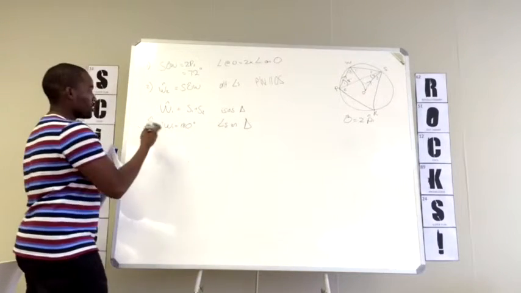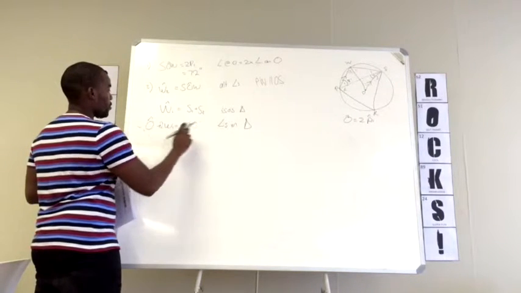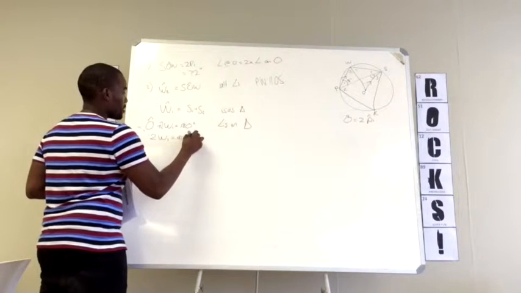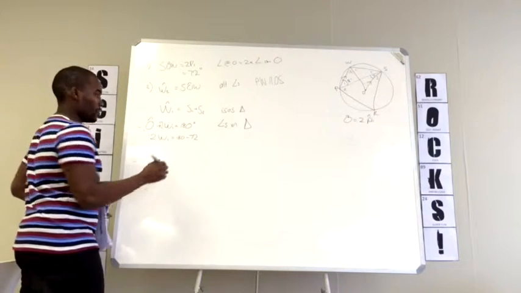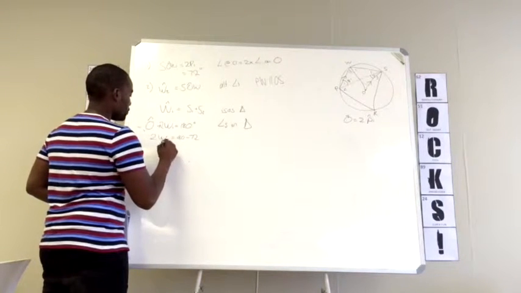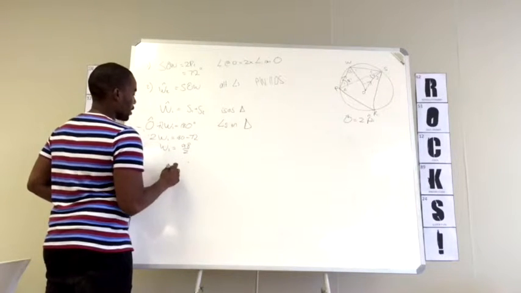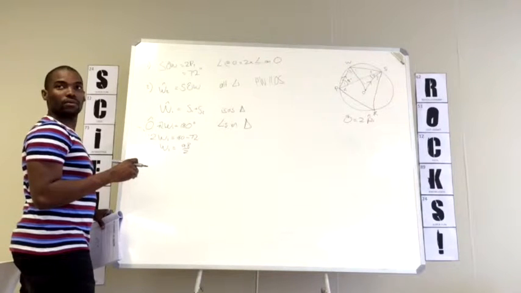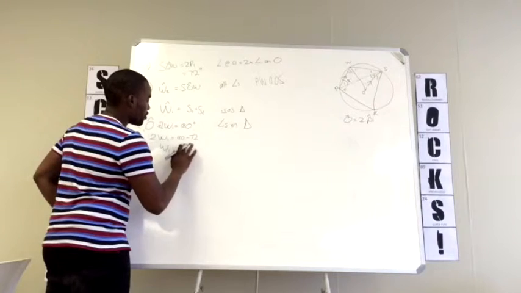Then we can just simply work it out. We say this angle is 72 degrees, so take it across, we're going to get 2 times W1 is equal to 180 minus 72, that will give us 98, right? So then W1 is equal to 98 divided by 2. Sorry, thank you, it's 108, not 98.